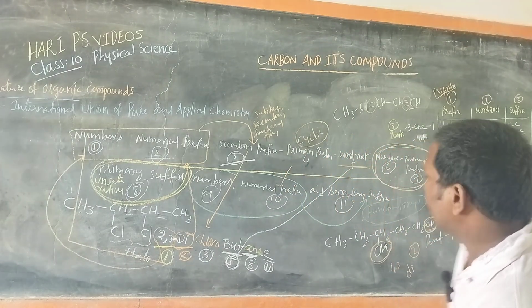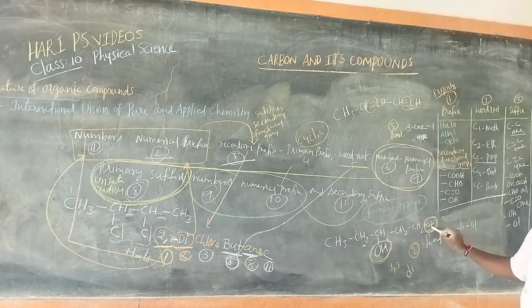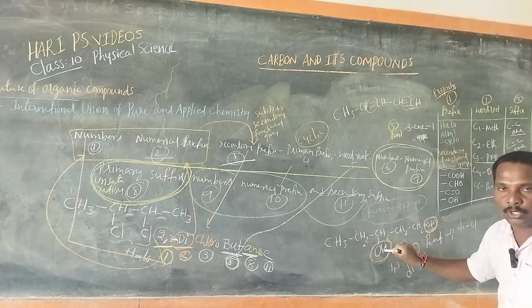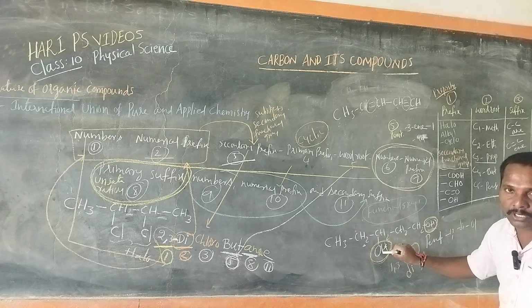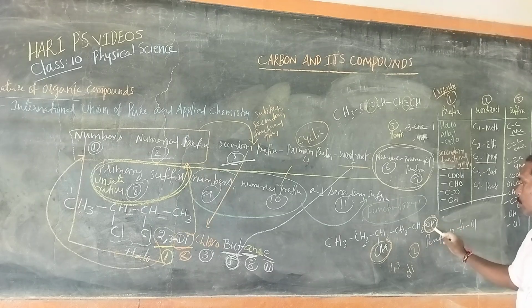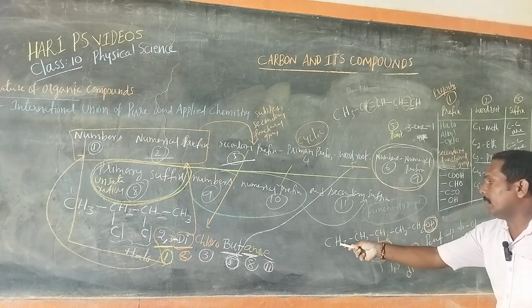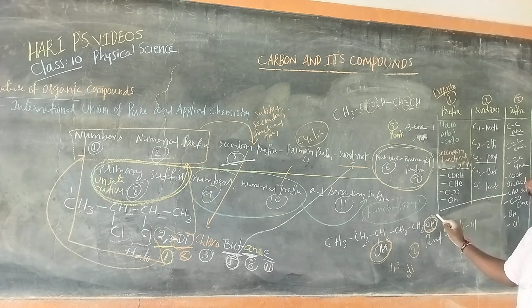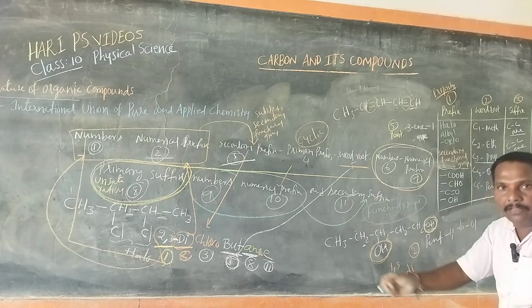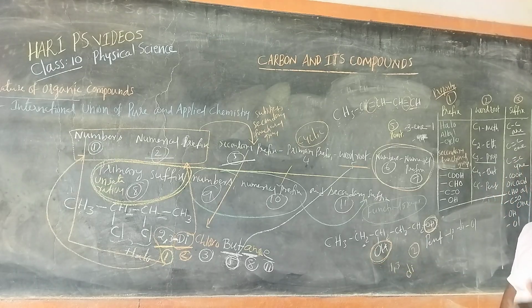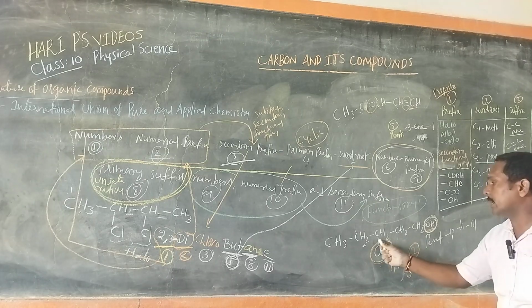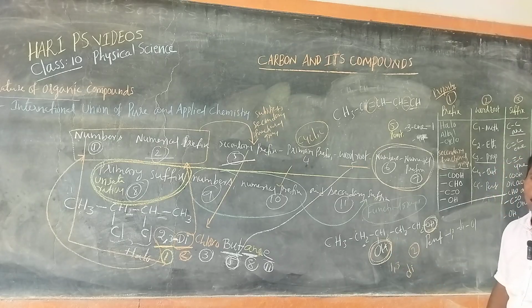We already discussed. If this compound has more than one functional group, the functional group which is attached to the main compound is taken as the secondary suffix, and the others are taken as substituents.